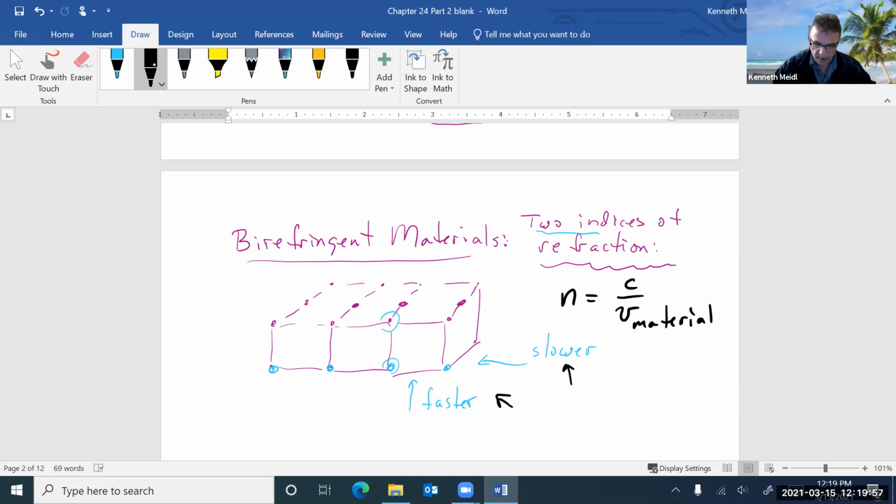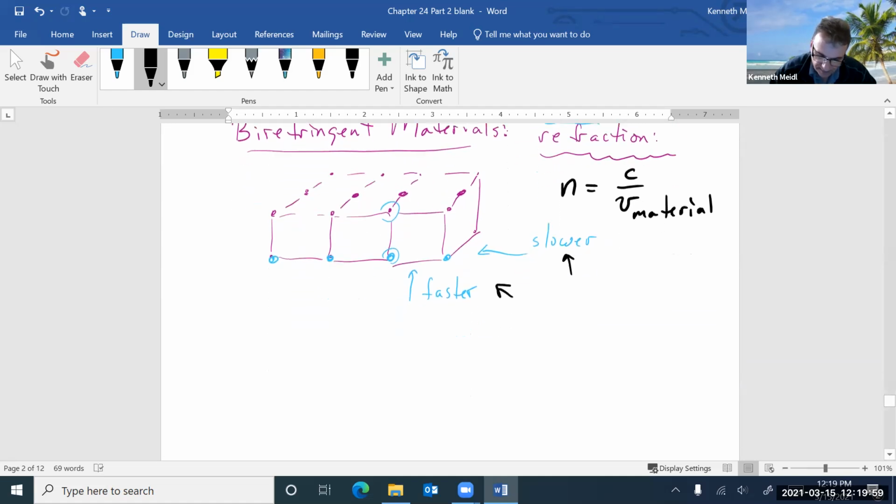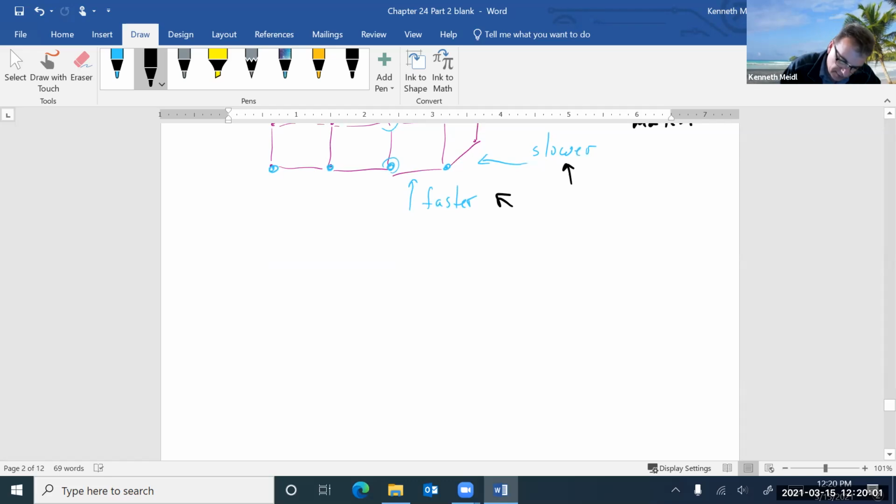And so what that means is, if we had a big chunk of this crystal here, usually in the lab, I would give you some sort of Iceland spar or something.